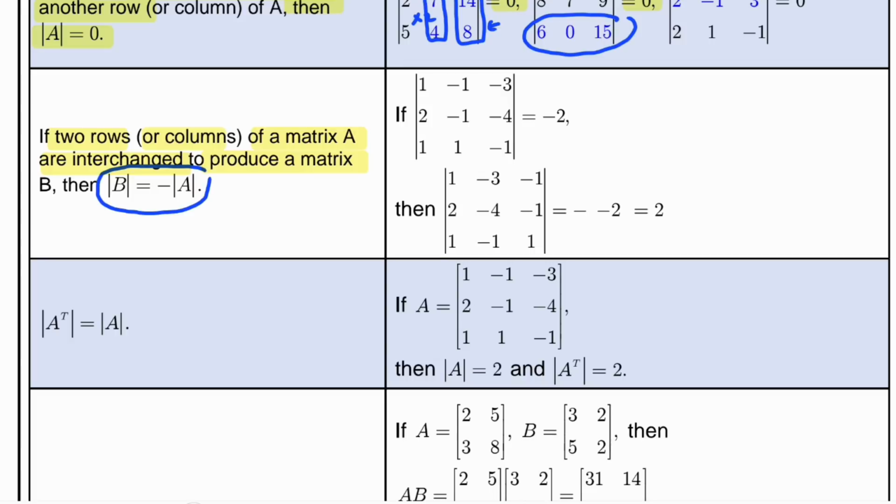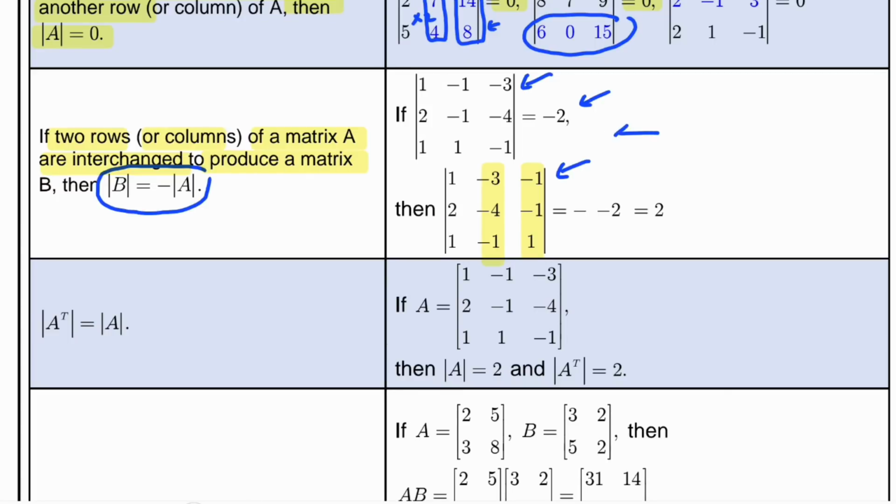So for example, if you are given this matrix whose determinant is negative 2, you have to find the determinant of another matrix. If you notice that it follows this property, for this one you can notice there is interchanging between the second column and the third column.